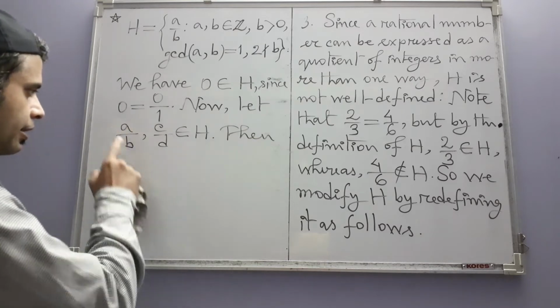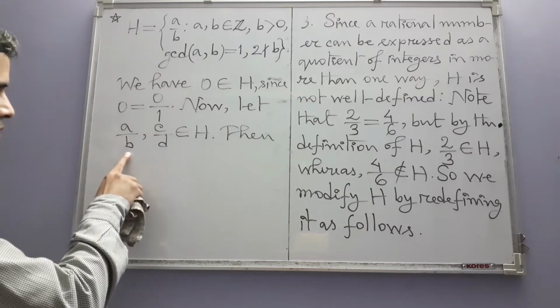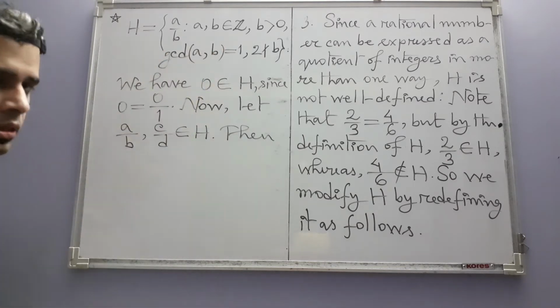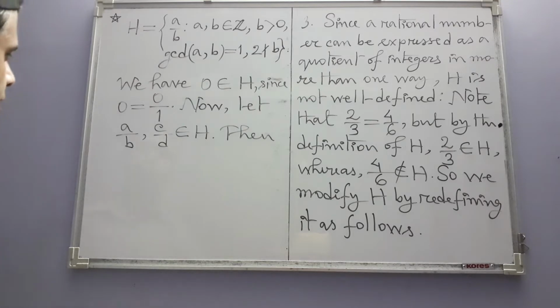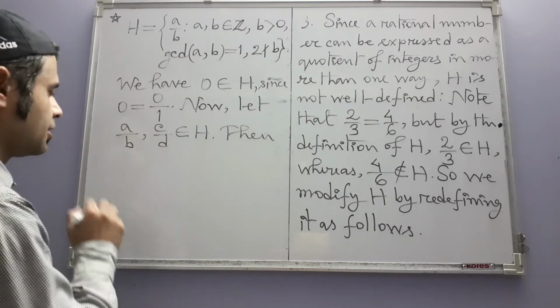Simply saying that A divided by B belongs to H, for example, does not automatically imply that A and B are integers like that. Why I am saying that is because you may say something like this also, no?